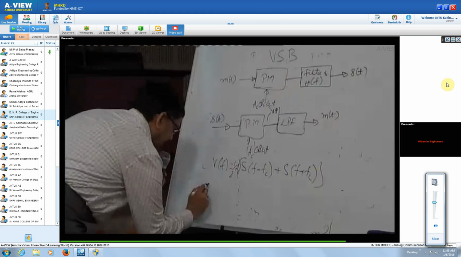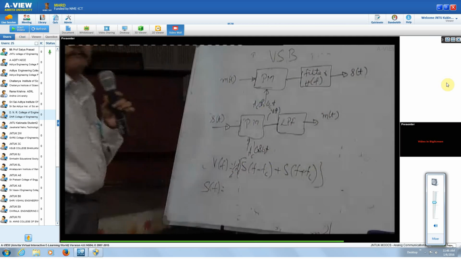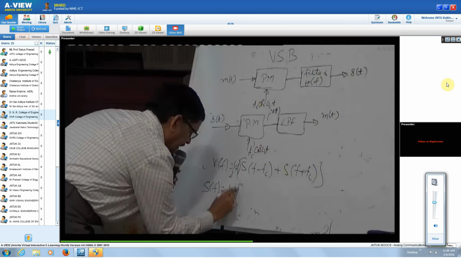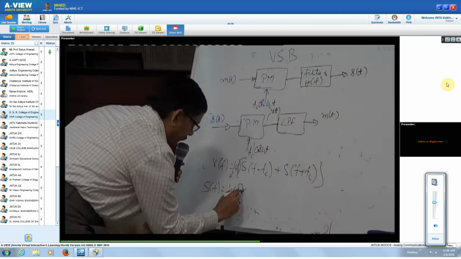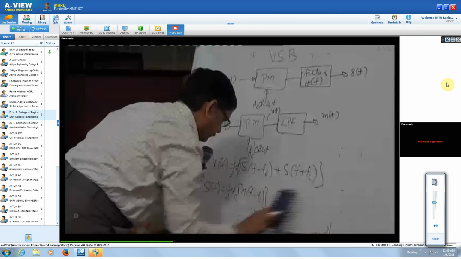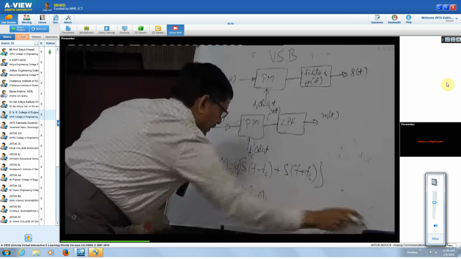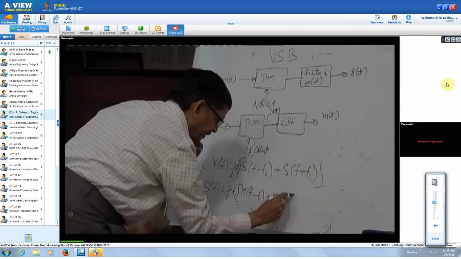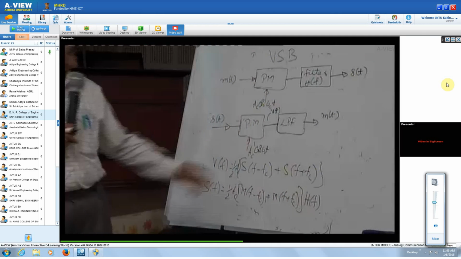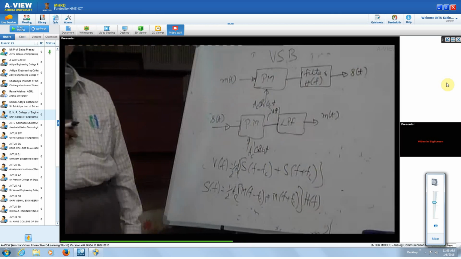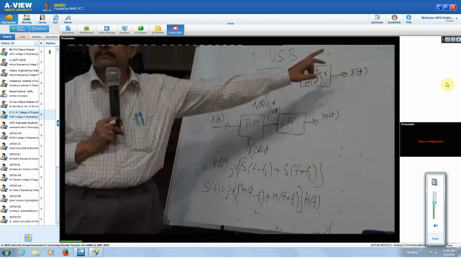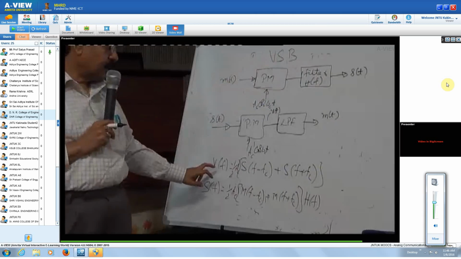Therefore, our S of f will be equal to 1 by 2 Ac times M of f minus fc plus M of f plus fc, into h of f, because this is cascading.